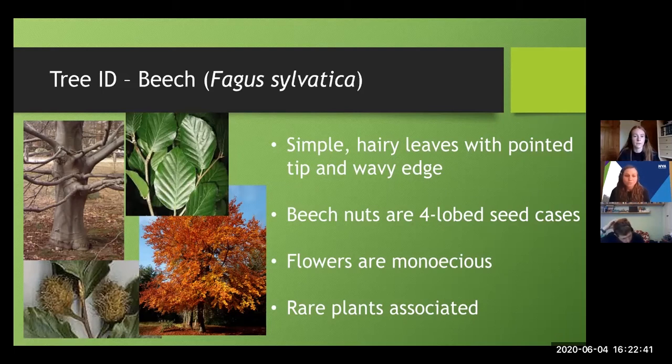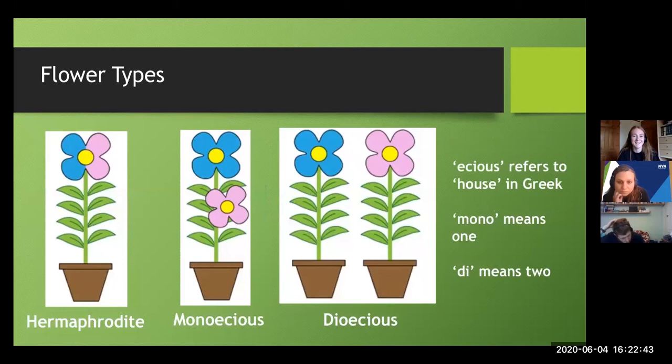Okay, so here's to explain what I was going on about. Oecious is Greek for house. So when we say monoecious, it means one house. And when we say dioecious, it means two houses. Monoecious is basically where you've got a female flower and a male flower on the same tree.